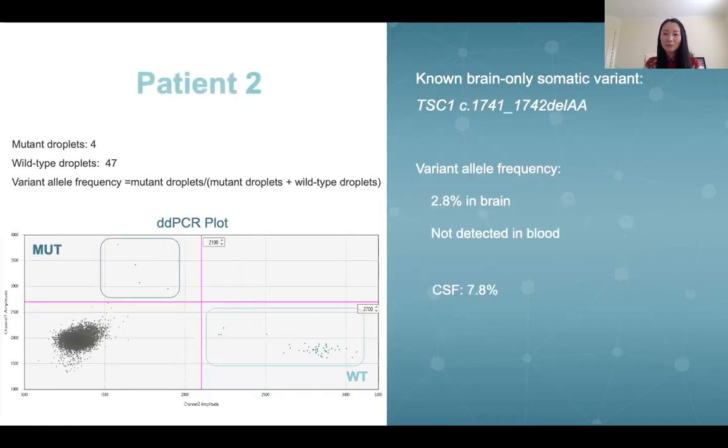In the second patient with focal cortical dysplasia type 2B, this TSC1 variant was at 2.8% variant allele frequency in brain and not detected in blood. In the CSF sample, this variant was detected at 7.8% variant allele frequency.